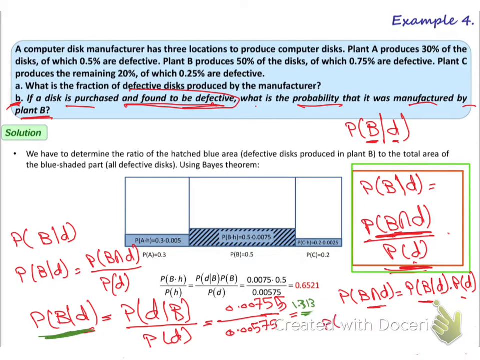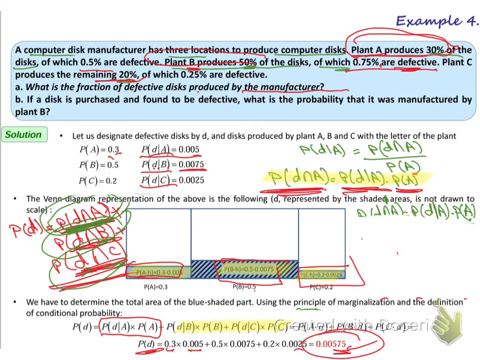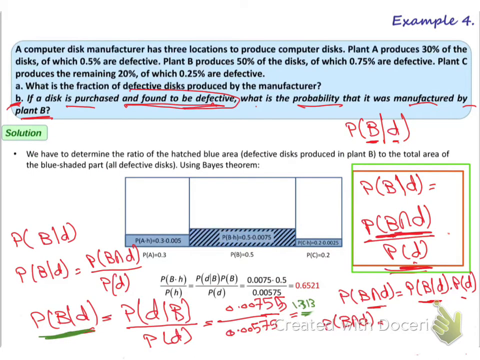So the probability of B intersect D equals the probability of B given D, which I calculated here, 1.313, times the probability of D, which is 0.00575, equals the probability of B intersect D.